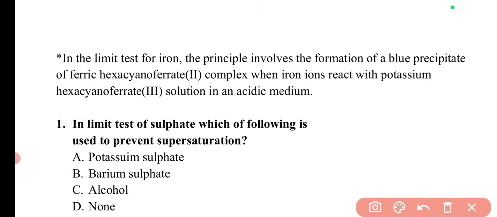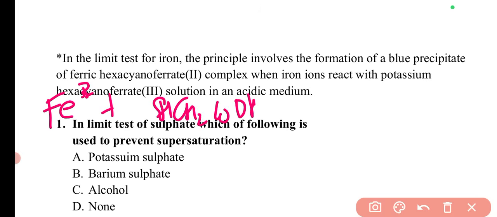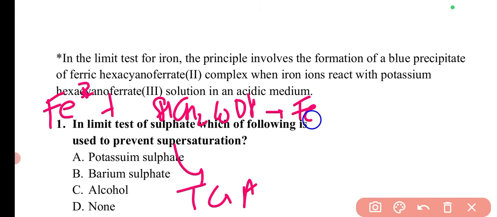What happens in this is that the ferric ion will be there. Ferric ion will react with thioglycolic acid. Thioglycolic acid is SHCH2COOH. Thioglycolic acid will form ferrous ions. Okay, so ferric ion is Fe3 positive and it will produce ferrous ion which is Fe2 positive.